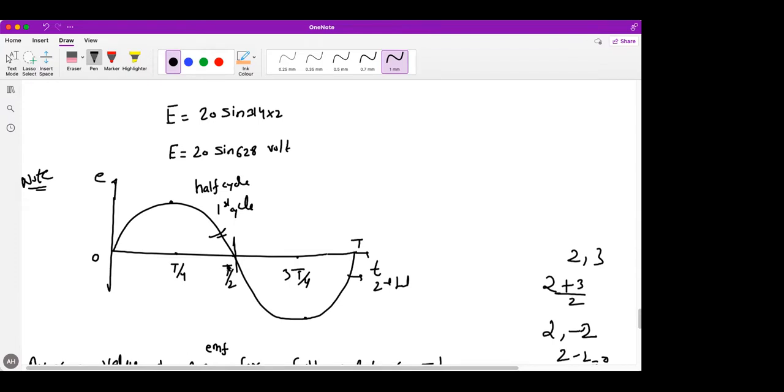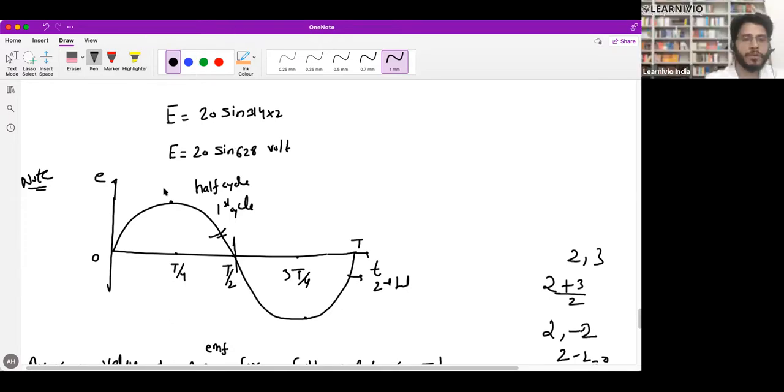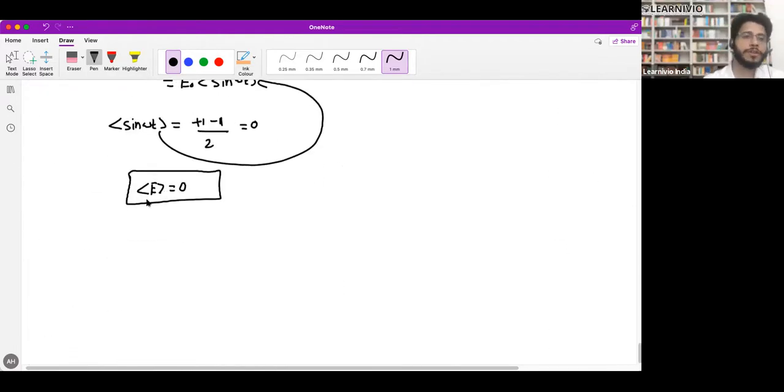It can get cancelled out only if it has both positive as well as negative values. But if it doesn't have any negative value, then it can't get cancelled out, right? So if you calculate the average value for half cycle, then it won't be 0.